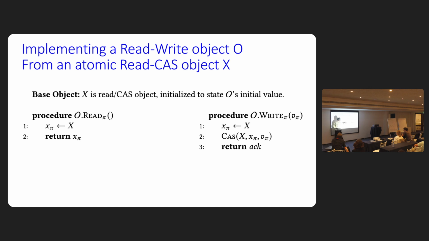So if cast does not succeed, then between 1 and 2, there must have been another successful cast by someone else, right? And at that cast, that someone else's write would have been linearized. And when that write was linearized, you have to hitchhike and attach yourself just before that write, as if you happened and then you got immediately overwritten by that other write.